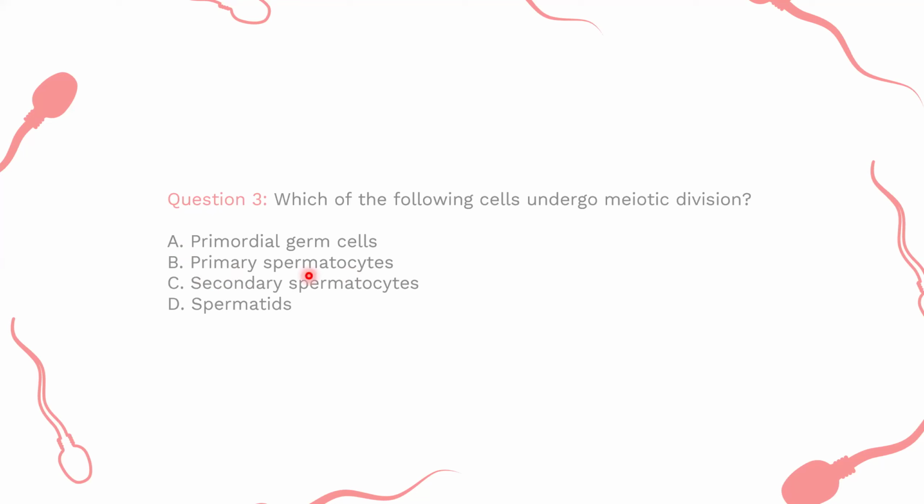They are the ones that kickstart this meiotic division process where they will have this 4N, and then through meiosis 1 give me the secondary spermatocytes, then through meiosis 2 give me the spermatids. Although the secondary spermatocytes and spermatids are involved in the meiotic division process, they are not the starting cells, they are the end products, let's say. Spermatids will not undergo any further division. They are already haploid.